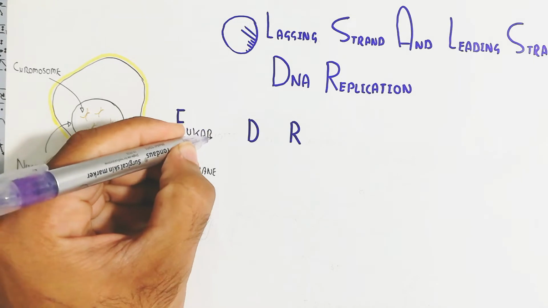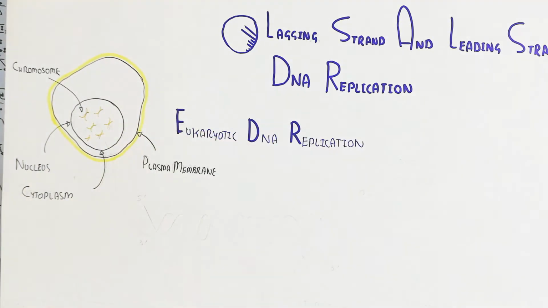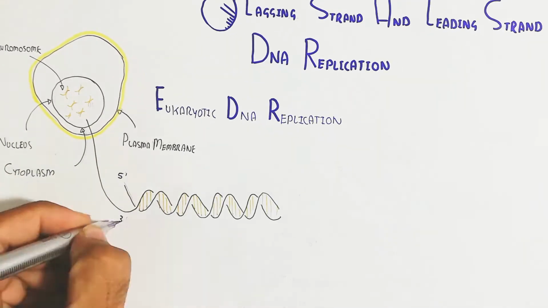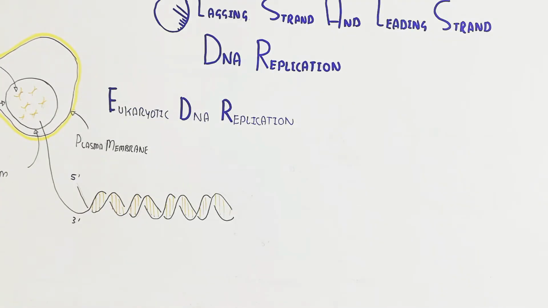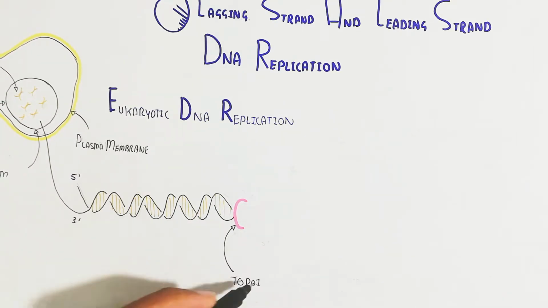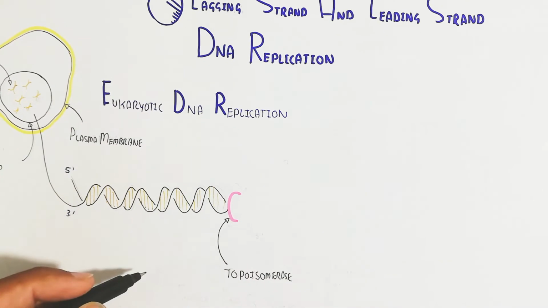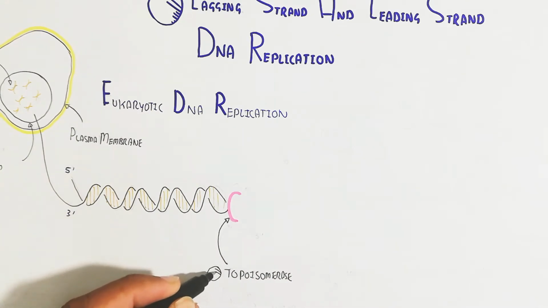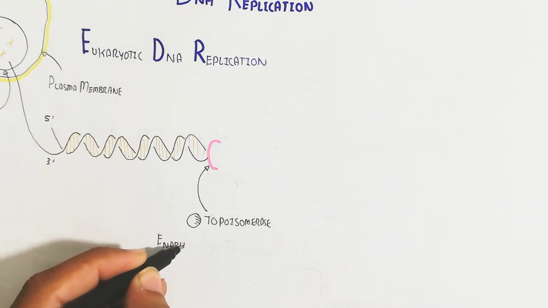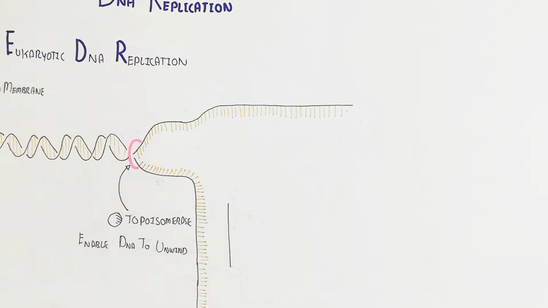The chromosome contains histone protein and DNA thread, a double-stranded anti-parallel structure, with one strand in the 3' to 5' direction and the other anti-parallel 5' to 3'. So this is where the topoisomerase enzyme is used. This topoisomerase enzyme enables DNA to unwind during growth factor or cell division signals.